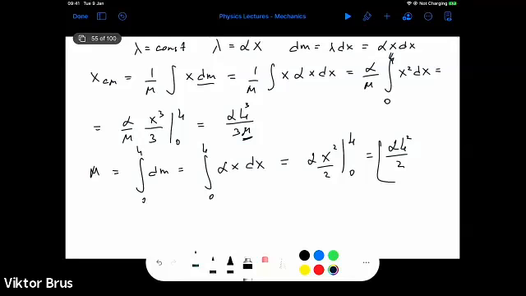Okay, now we have this value for total mass and substitute it here for the coordinate of the center of mass.